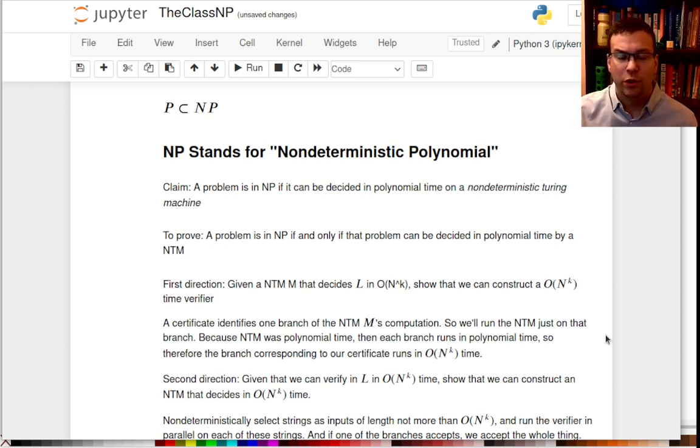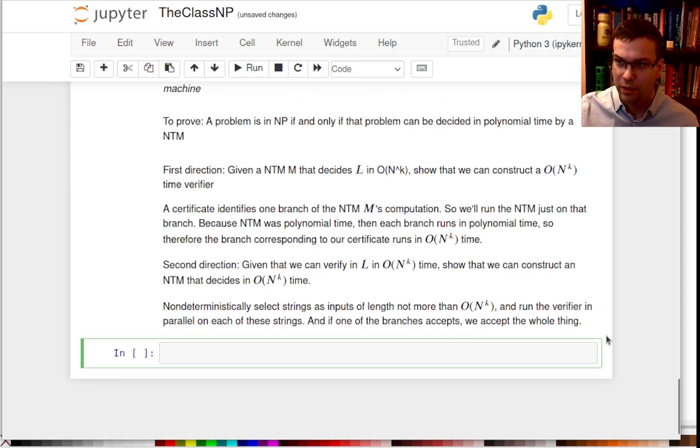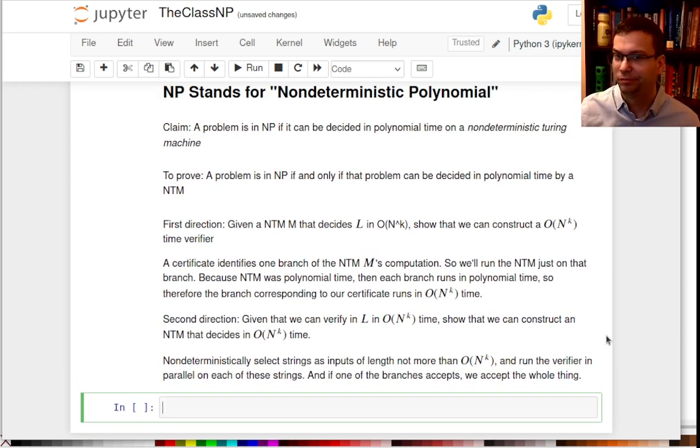But unlike when we were just showing equivalence for decidability, when we're focused on time complexity, we're not really sure if the reduction preserves time complexity. So all that we can say for now is that polynomial time verification is at least as strong as polynomial time, but we're not sure if it's at most as strong as polynomial time decidability. So that's all I have for you for now on that stuff.